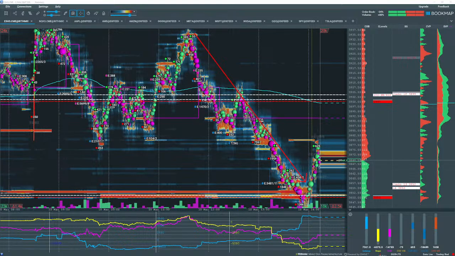And you can see in Bookmap the clear shift in order flow. Green dots, market buy orders, then the shift to sellers, market sell orders, aggressive sellers, move price down, a recheck of the 3,900 level, and then a move down to the 38.50 level.